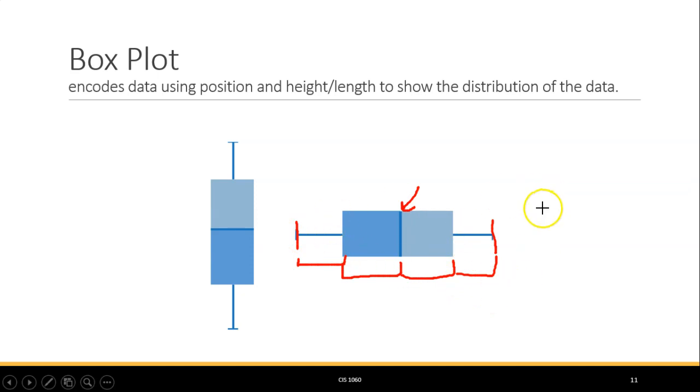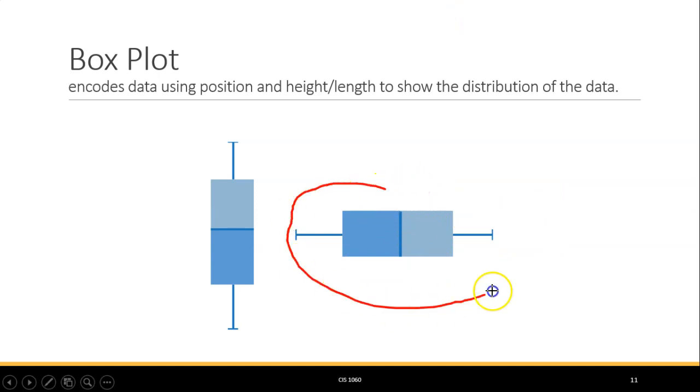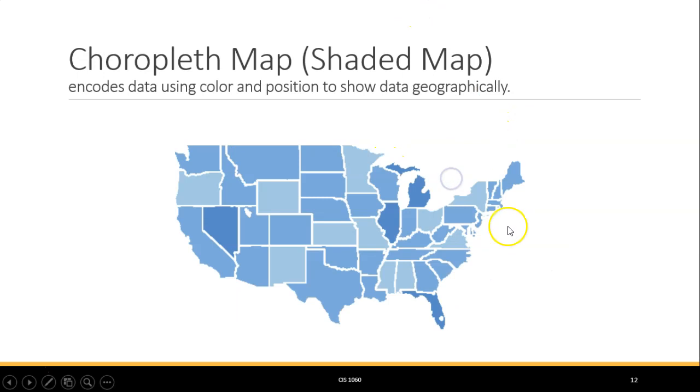So box plots give us information on the quadrants. The only difference between the box plot here and the one here is that the max value would be at the top here, and the max value would be on the far right on this one. It's the same thing, just turned on its side.